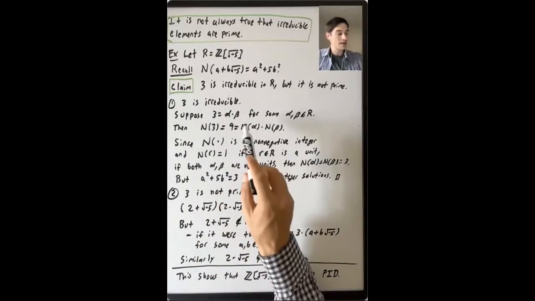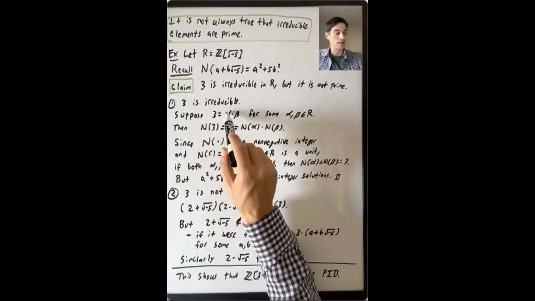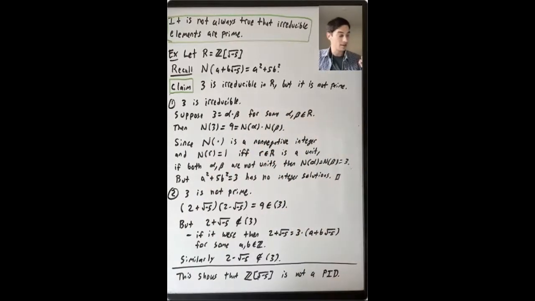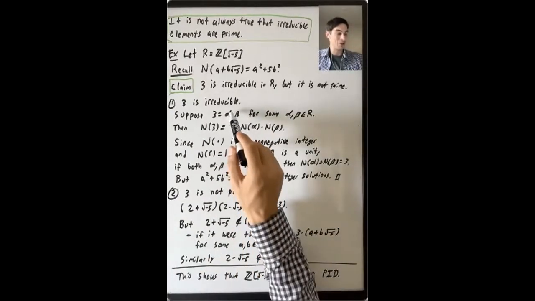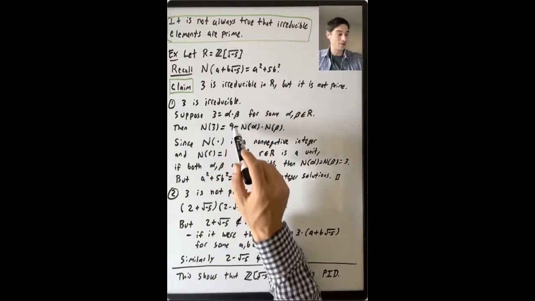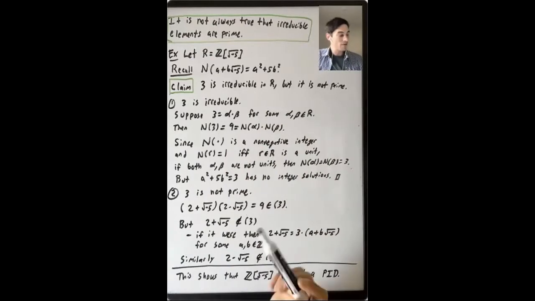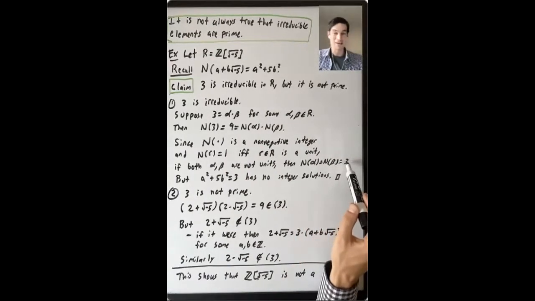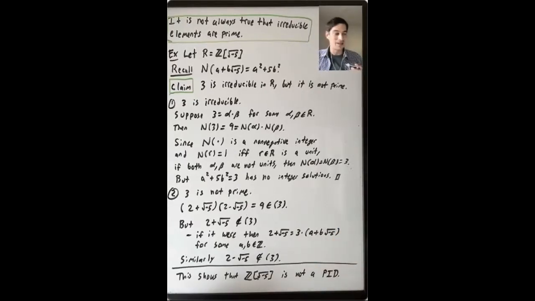So that means that if we had a factorization, 3 equals alpha beta, where alpha and beta were both not units, then we would have to have two numbers that were not 1 that both divided 9. So the only way for that to happen is if the norm of alpha equals the norm of beta is equal to 3. But there are no elements in this ring of norm 3.